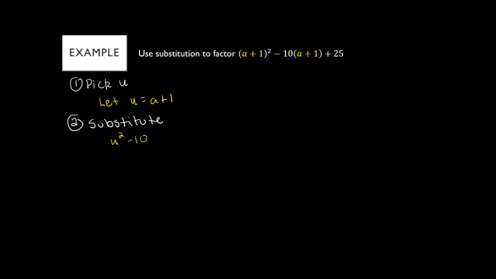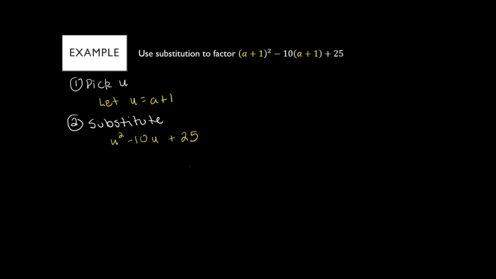Then I have minus 10u, so now a plus 1 is u, plus 25. This is why I'm color coding what u is equal to, so I know where I need to plug in my u, what is getting replaced. You can see that it's in the first two things, not the last one.